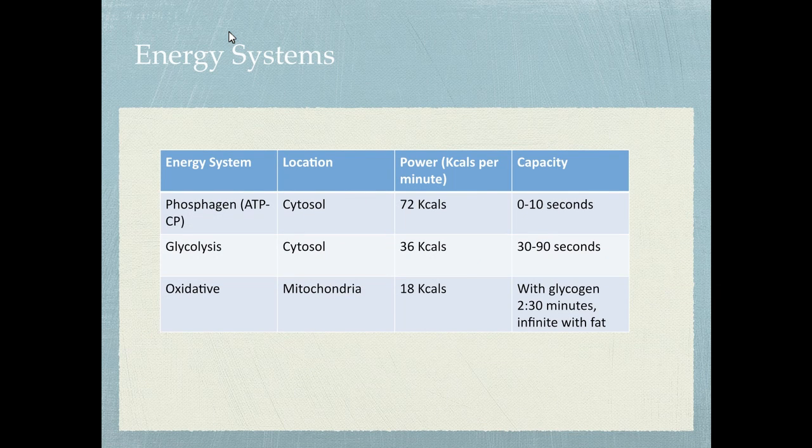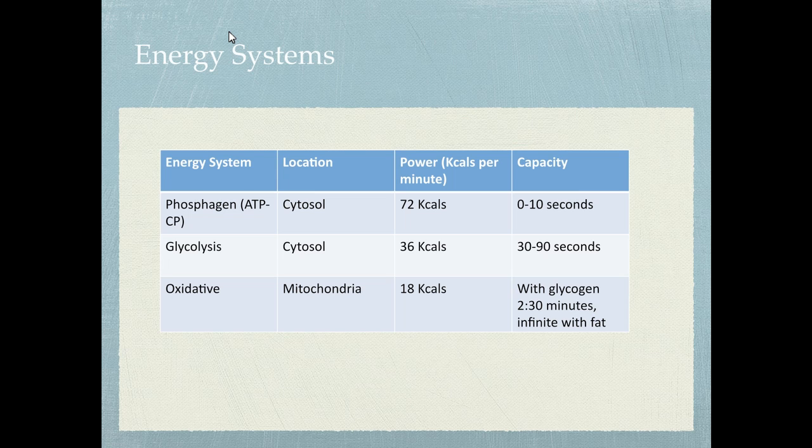If you look at these energy systems, the phosphagen system has about 72 kilocalories a minute, and it has a capacity of 0 to 10 seconds, while glycolysis uses about 36 kilocalories a minute, but only lasts from 30 to 90 seconds. Whereas oxidative has a power of 18 kilocalories a minute, but could last almost infinitely, right?